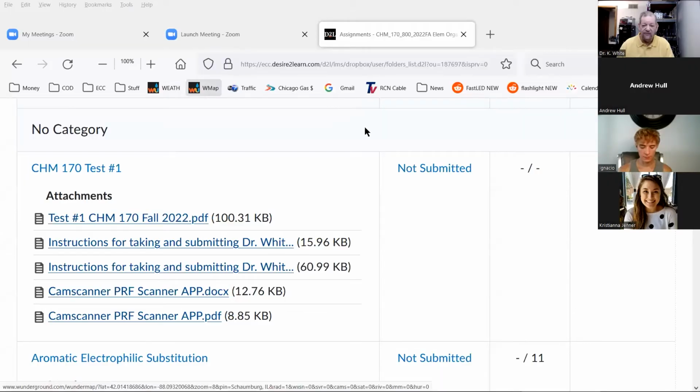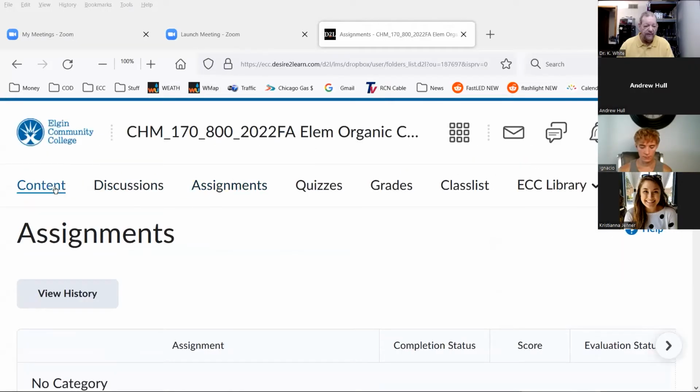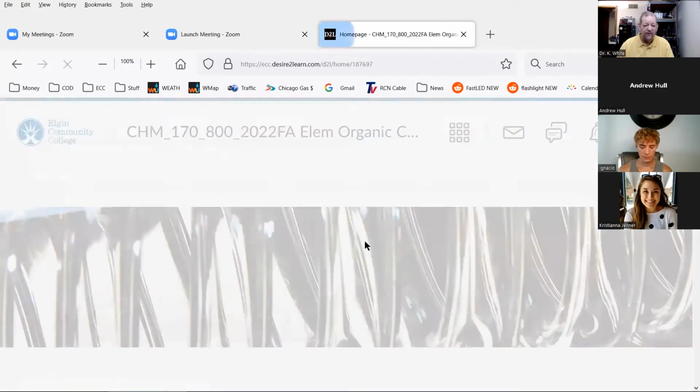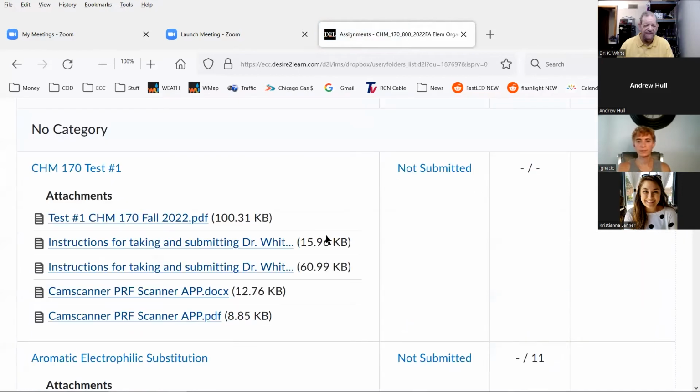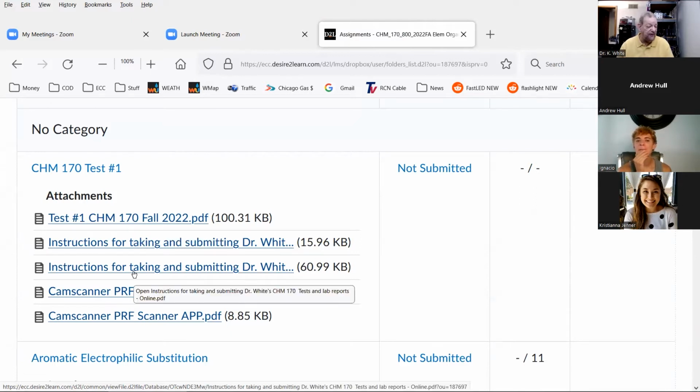Let's go to D2L. And if we go on the assignment area, you'll see test number 1. This is the file you download, and you have the password. If you didn't receive the password, email me. And here are instructions, like I said, how to convert that.